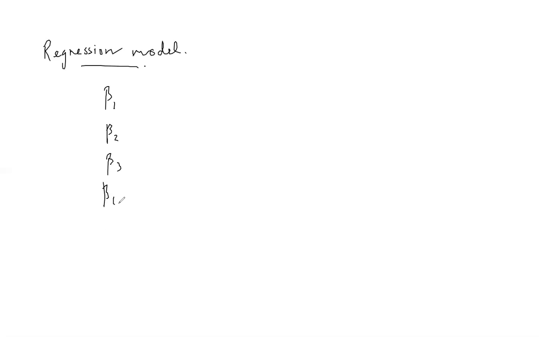Let's say you have some value here, and of course you have a p-value, right? To test whether the regression coefficients differ significantly from 0. And sometimes you might have something like this.